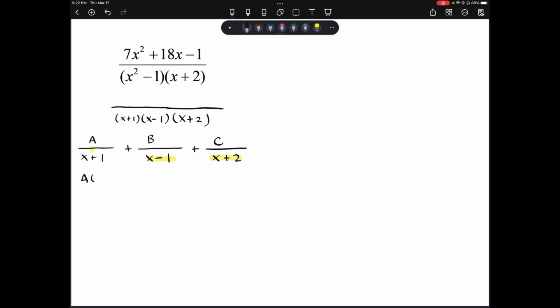So I have an a times an x minus 1 times an x plus 2. And then we're going to have plus b times, and b would need to be multiplied by these two. So we have x plus 1 times x plus 2. And then lastly, we would have c times x plus 1 times x minus 1.